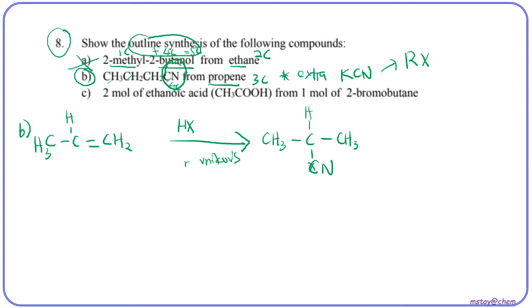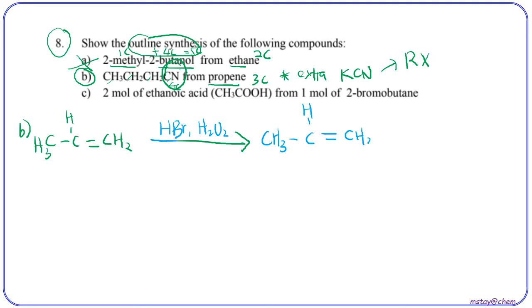so that means we are going to use the anti-Markovnikov rule. From what we already know, there is only one process in our syllabus that follows the anti-Markovnikov rule, where we are going to use HBr with the presence of peroxide, H2O2. So we will become CH3CH, break the double bond, form two new single bonds.